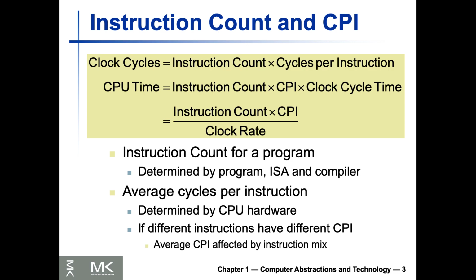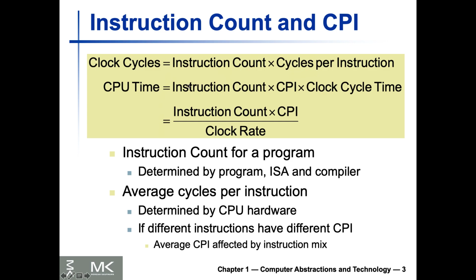Okay. So let's get started. On chapter 1, if you recall, we were talking about the different metrics to quantify the performance of a processor. That was in an abstract form, we were talking about the clock cycles as the multiplication of instruction count by the number of cycles per instruction.